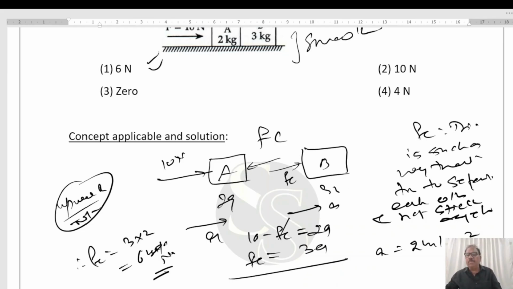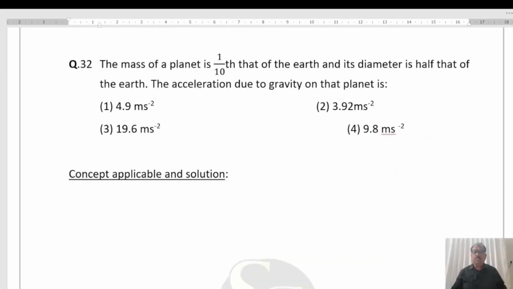Next question. Question is, mass of a planet is 1 by 10th that of Earth and its diameter is half that of Earth. Acceleration due to gravity of that planet is? You know the universal law of gravitation. F equal to G M m over r square.